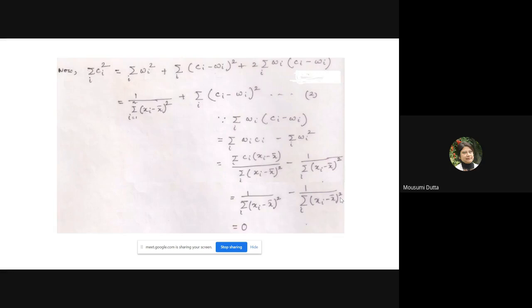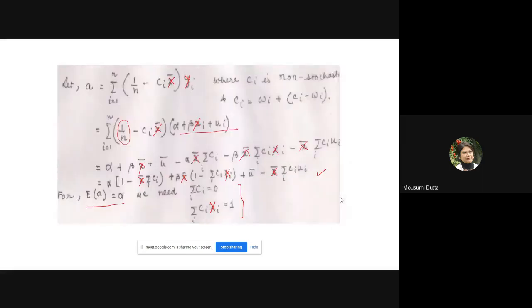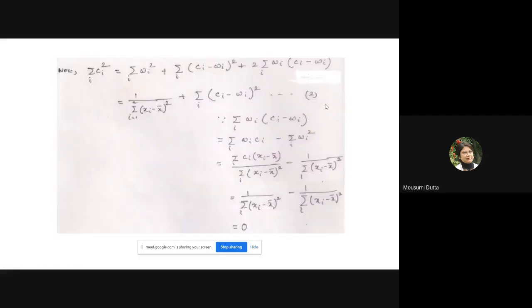Ci we defined as Wi plus Ci minus Wi. So summation Ci square is summation Wi square plus summation Ci minus Wi whole square plus 2ab. Summation Wi square we already calculated, 1 upon summation xi minus x bar whole square.